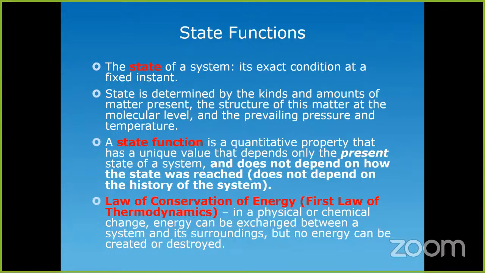Okay, let me also introduce to you this law, which you should have met in introductory chemistry or high school chemistry, and will play an important part in this particular chapter. It's called the law of conservation of energy, also known as the first law of thermodynamics. Basically, what this law says is that in a physical or chemical change, energy can be exchanged between a system and its surroundings, but no energy can be created or destroyed, all right?